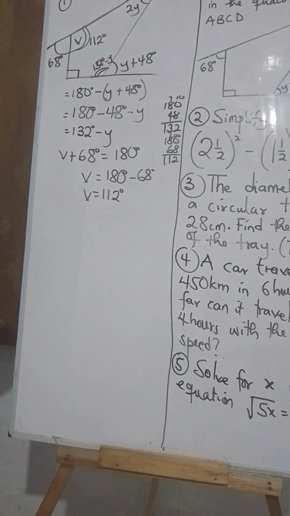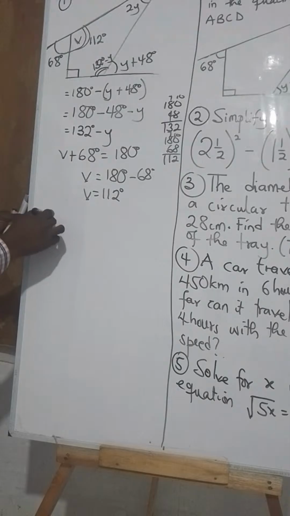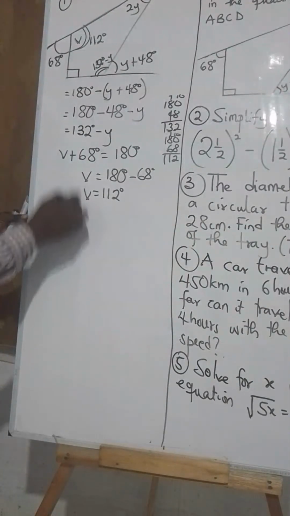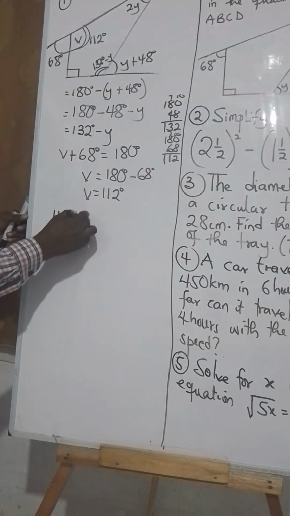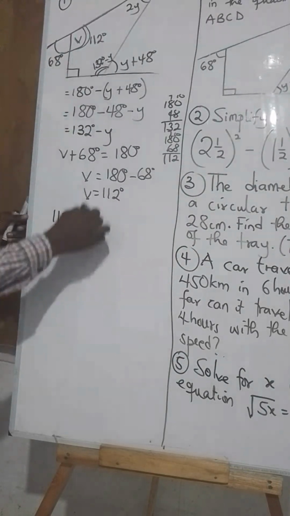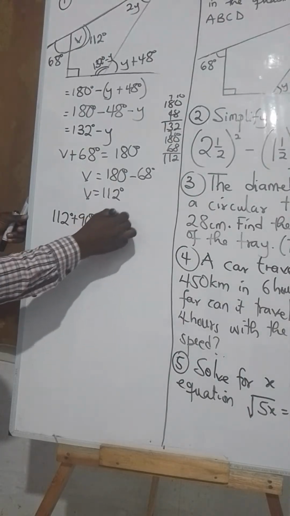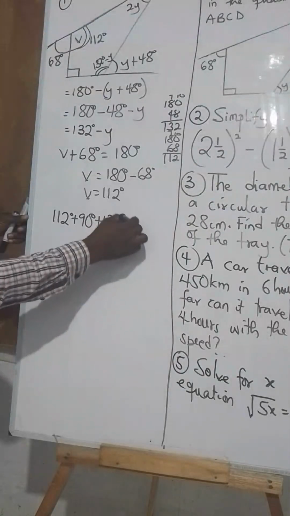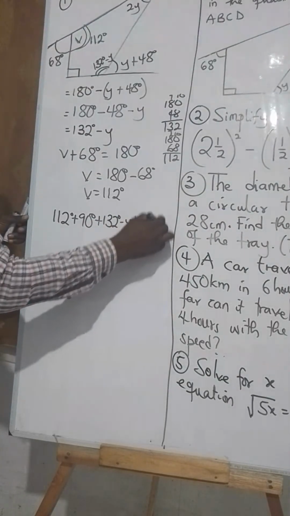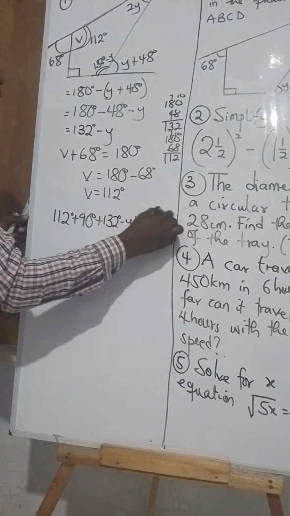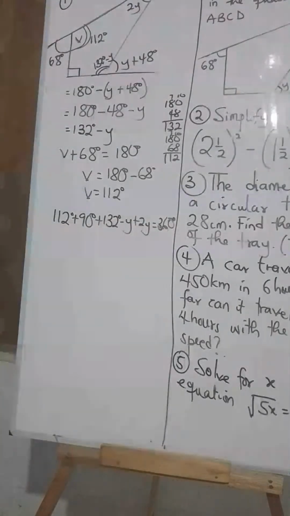Using the sum of angles in a quadrilateral, which is 360 degrees, we have 112 degrees plus 90 degrees, since this is a right angle, plus 132 degrees minus y plus 2y equal to 360. That is the sum of angles in a quadrilateral.